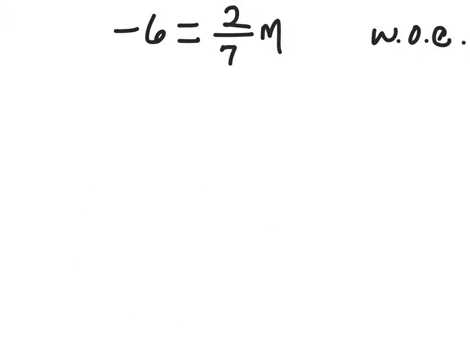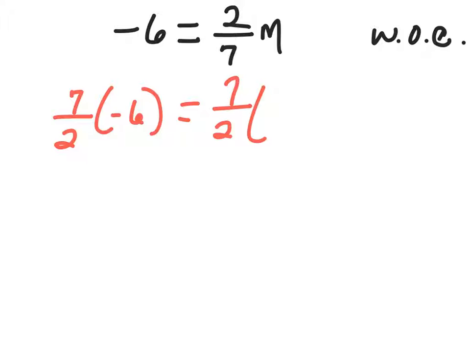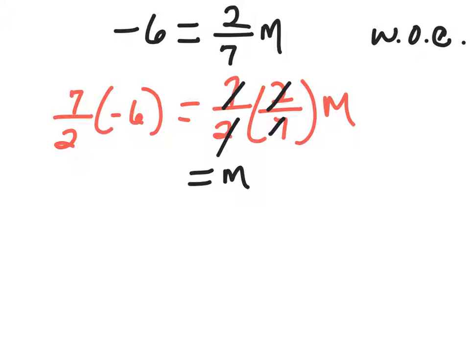So we have another equation, which we have written down as our original equation. It's negative 6 equals 2 over 7 times m. You can multiply by the reciprocal. I can cross this out, so that's going to equal m.